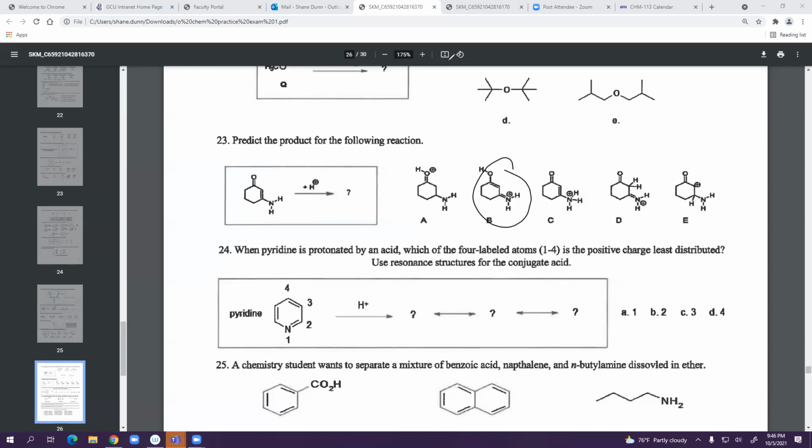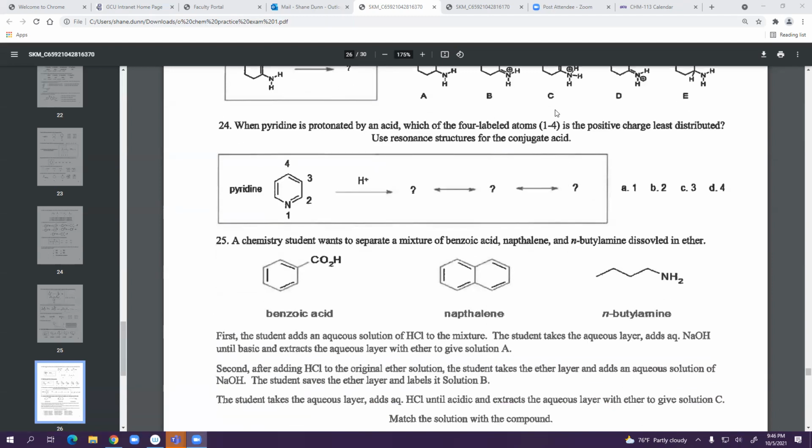For B to be the right answer, which it is, it's going to move this double bond here, making this slightly positive, and that slightly negative, attaching that to there. The arrows aren't moving correctly.